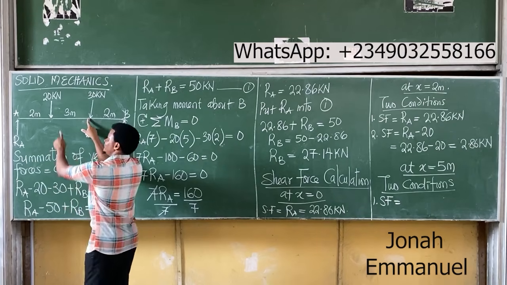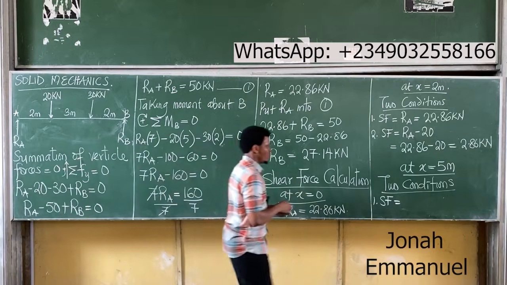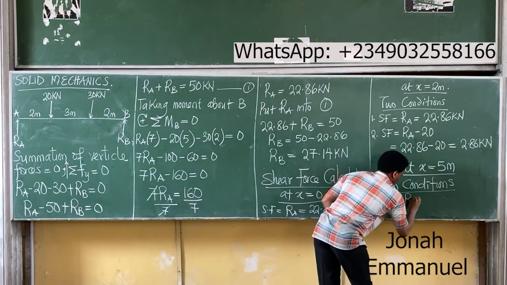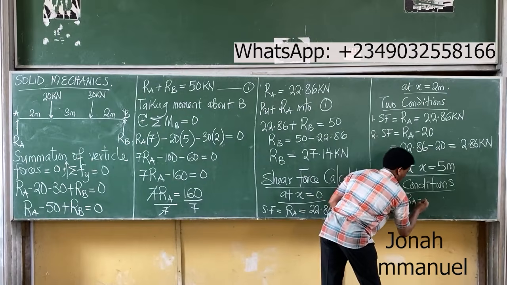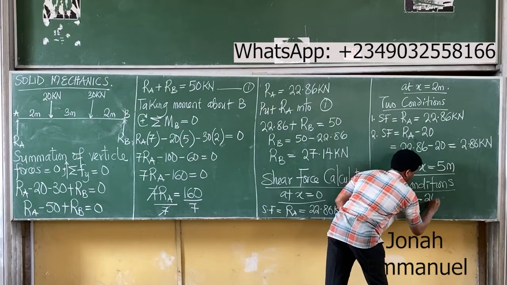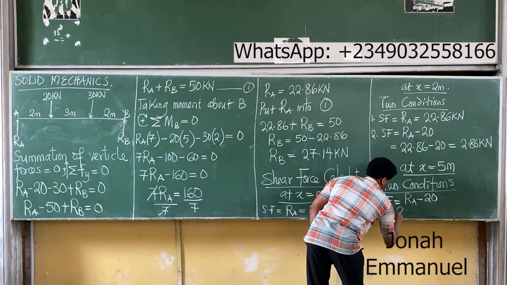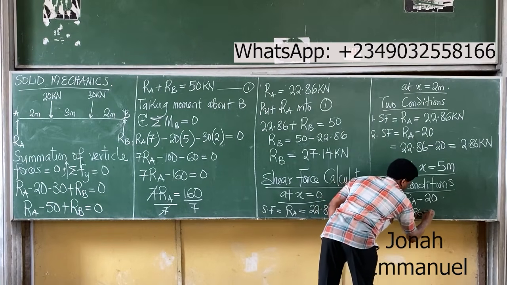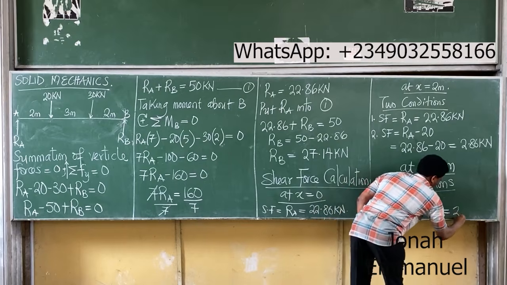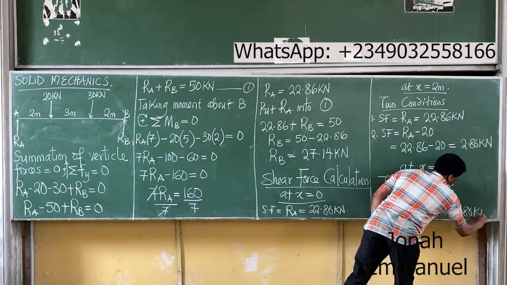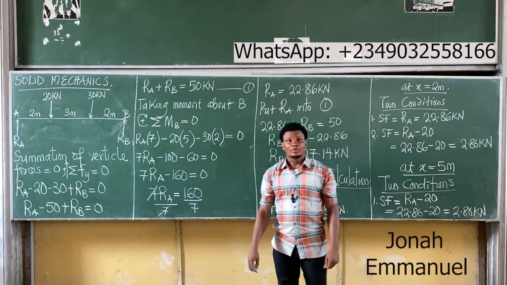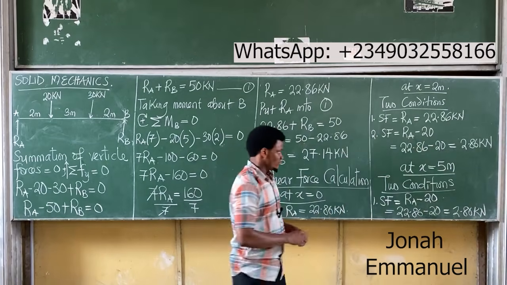So before that point, I have RA minus 20, which is 22.86 minus 20. That's 2.86 kilonewton. That's all. Let's now do condition 2.